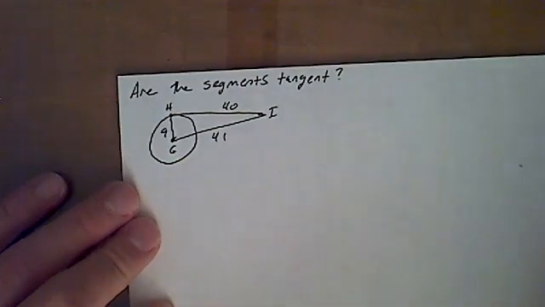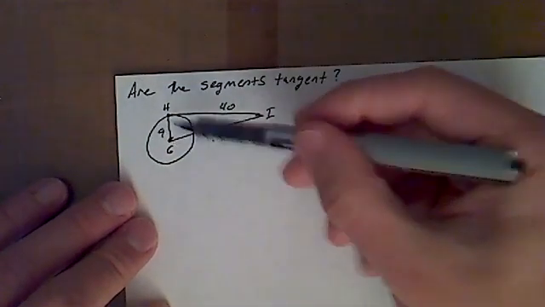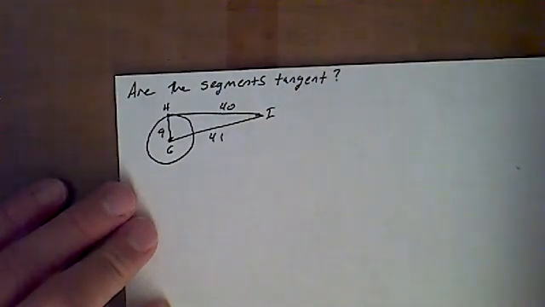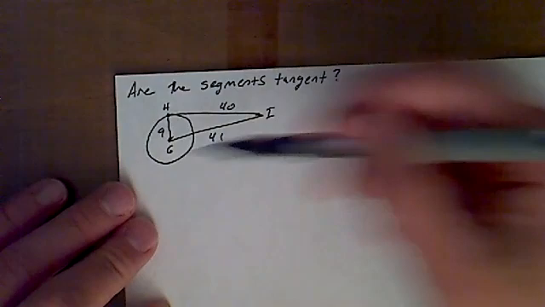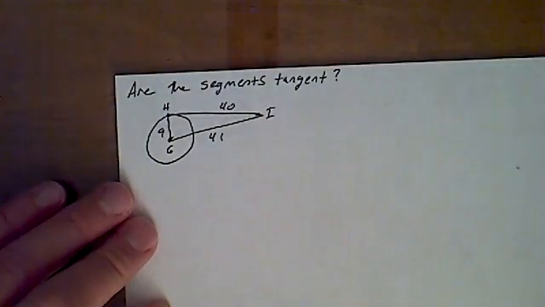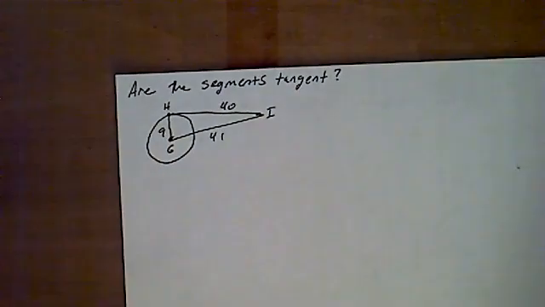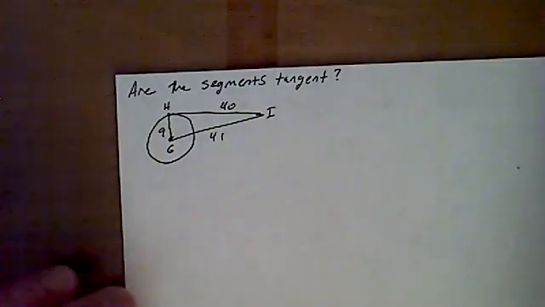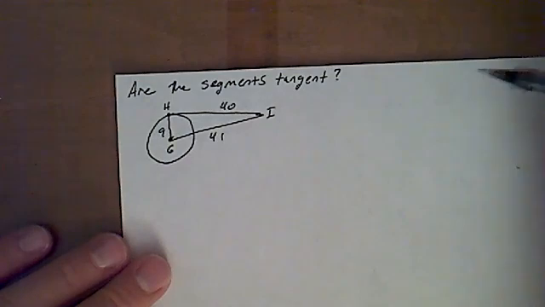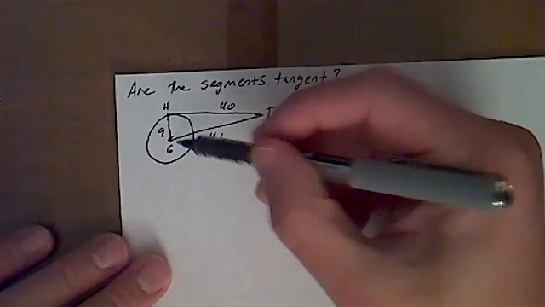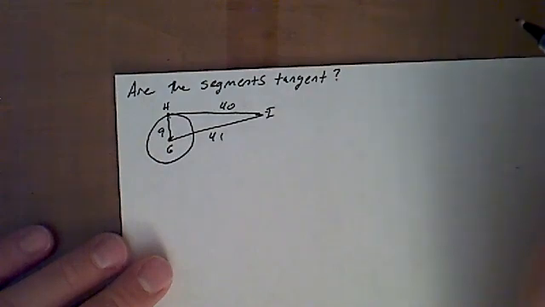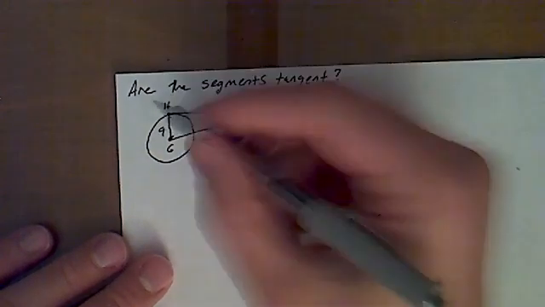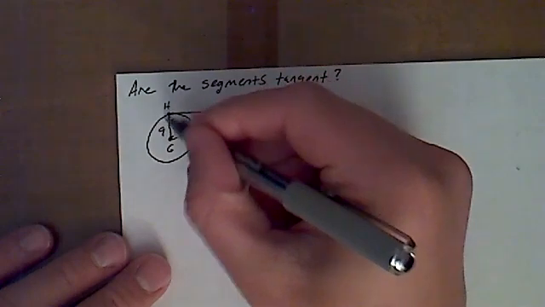So if we have a circle, it has a center of G, H, and I are 2 points on the triangle. We're trying to decide if H is the point of tangency, if this line even is tangent, right? So how do we decide if this is tangent? Well, in order for this to be tangent, what has to be true about GH and HI? Well, they would have to be perpendicular, right?